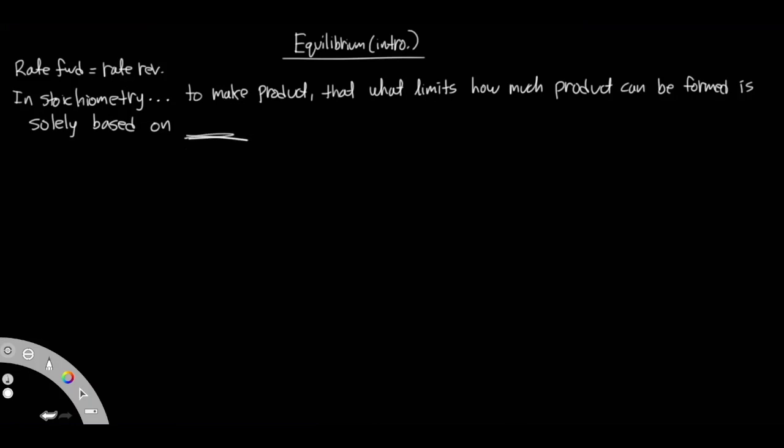And that factor here is going to be the limiting reagent. That's probably what you've learned. Let's put limiting here as LIM, based on the limiting reagent. So if the limiting reagent runs out, you have no more product that can be formed.